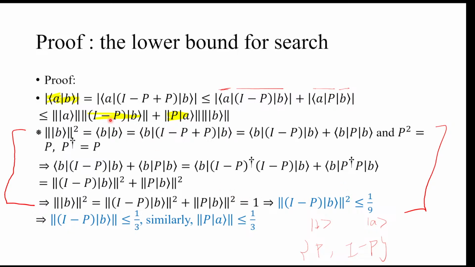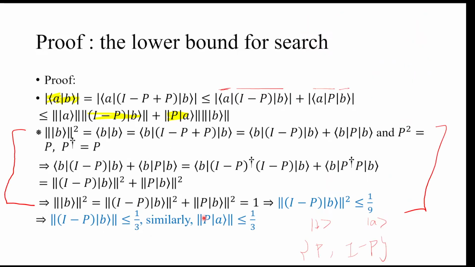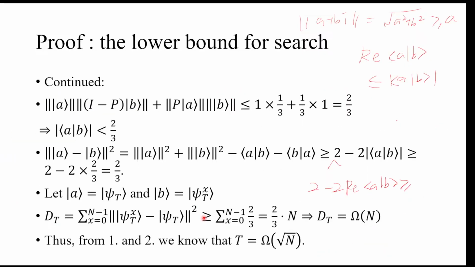So this is small and this is small, the square is less than 1/9, and if you take the square root it is less than 1/3. So this is less than 1/3, and this is less than 1/3. Now we are almost done.